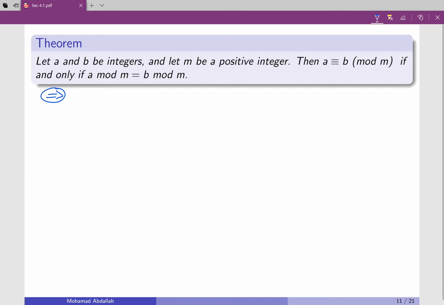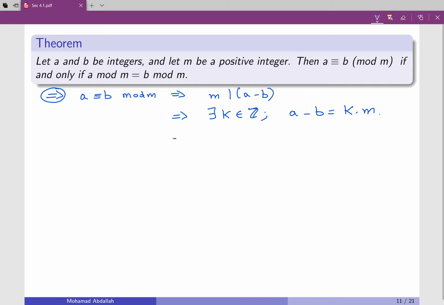So let's write what it means to say that A is congruent to B modulo M. It means that M divides A minus B. That means there exists an integer k in Z such that A minus B is equal to k multiplied by M. Okay, and M is a positive integer.